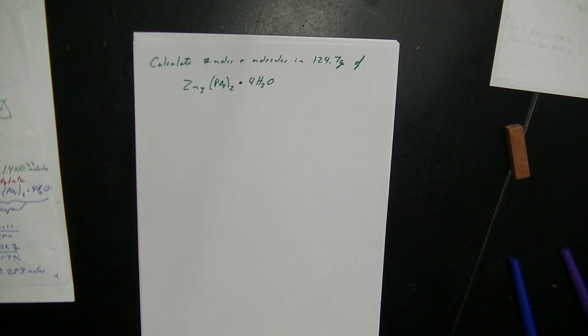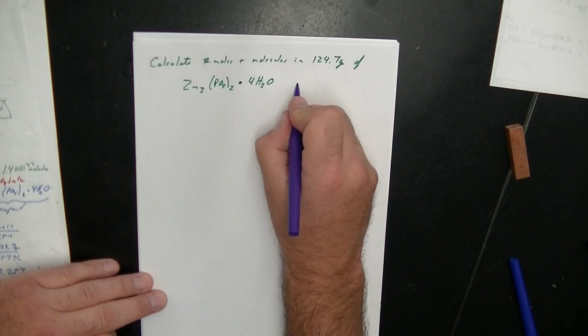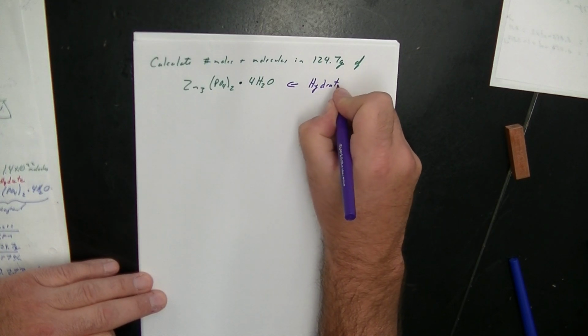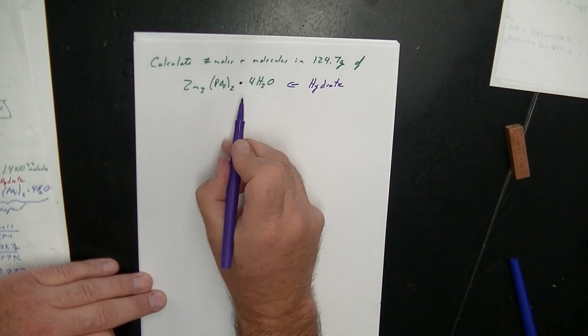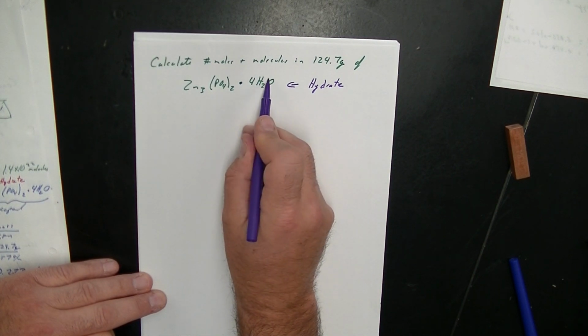Okay, so there's a lot in this problem. First of all, I want to talk about this compound. This compound is called a hydrate. And I know it's a hydrate because it has this dot H2O after it.